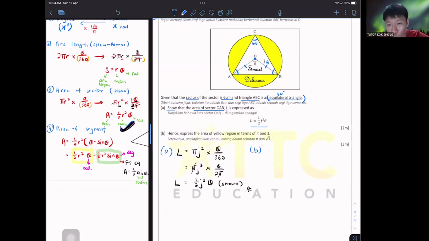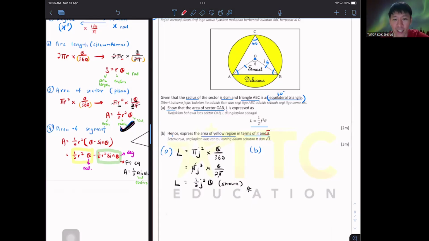B, 3 marks. Hence, express the area of the yellow region in terms of pi and root 3. Area of the yellow region.